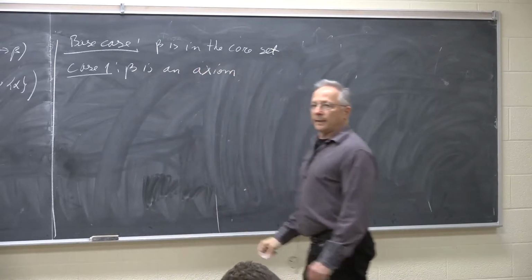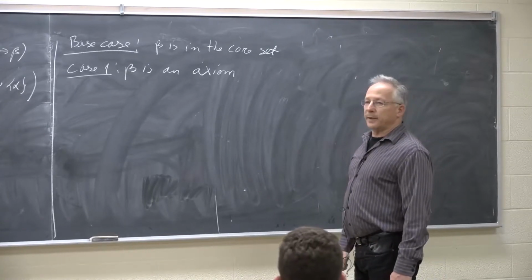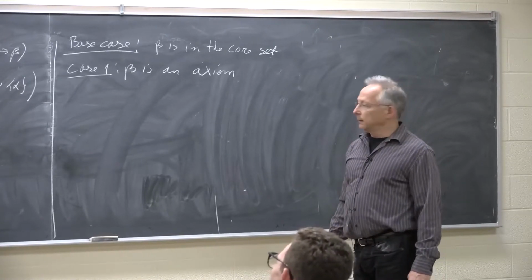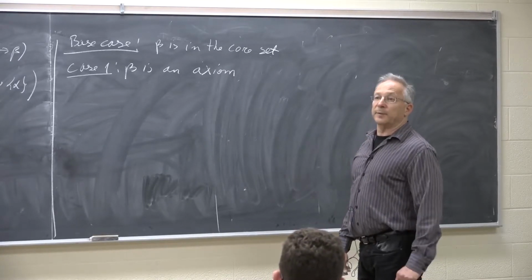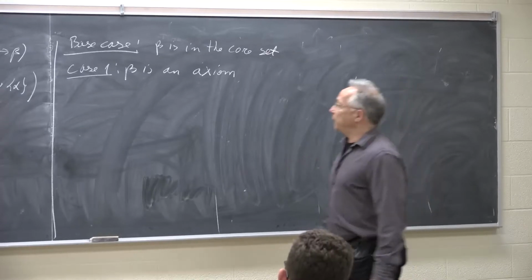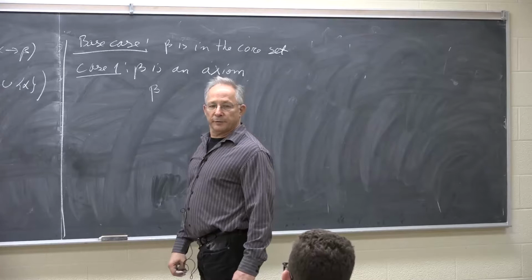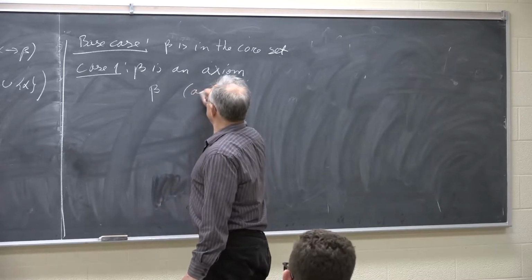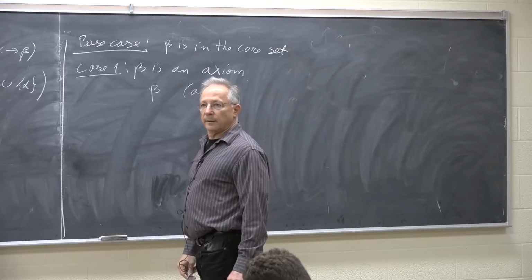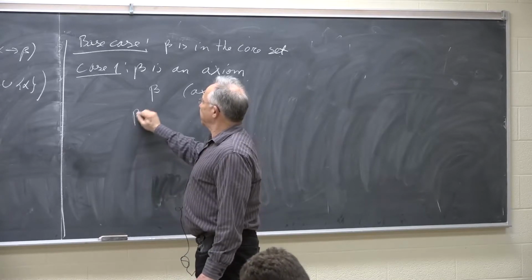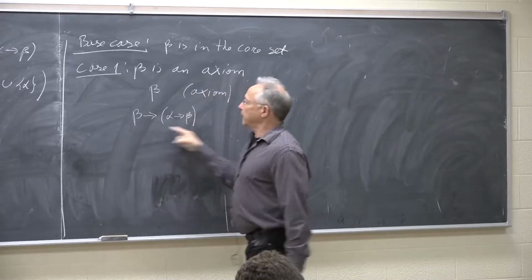What will I do? I need to show that I can prove from sigma union alpha that alpha arrows beta. So here is my formal proof. I will write beta. Why can I write beta in a formal proof? It's an axiom. Then I will write beta arrows alpha arrows beta. Why can I write this?